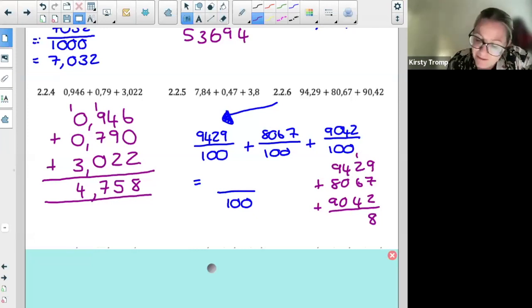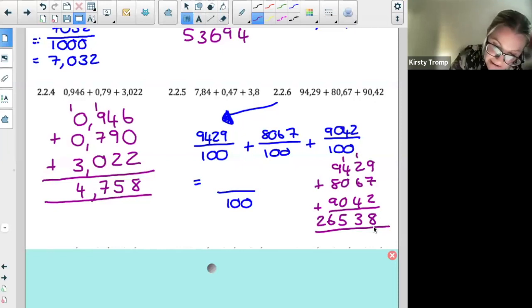Sorry, ma'am. 12 plus 1 gives 13. Put the 3, carry the 1. Keep going. 4 plus 0 is 4, but plus 1 is 5. Good. And finally, it'd be 26 at the end. Good. So 9 plus 9 gives me 18. And 18 plus 8 gives me 26.